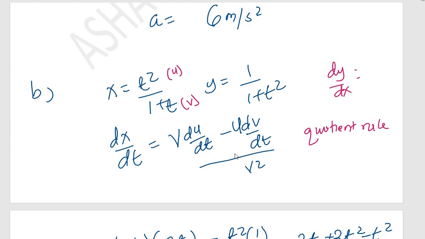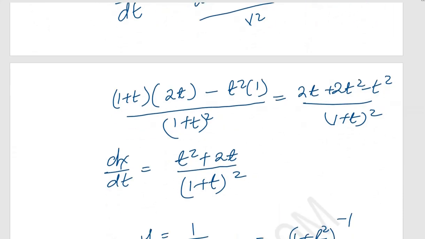So v du/dt minus u dv/dt, divided by v squared, will give you dx/dt. Using that formula, v is 1 plus t, times du/dt, where d of t squared by dt gives 2t, minus u, which is t squared, times d of 1 plus t by dt, which gives 1. Now divided by v squared, which is 1 plus t, everything squared.